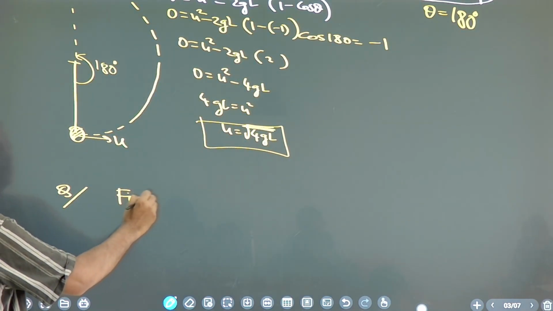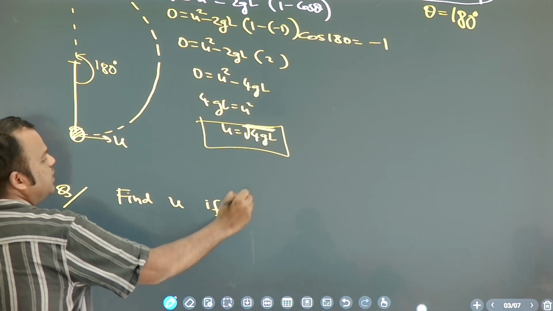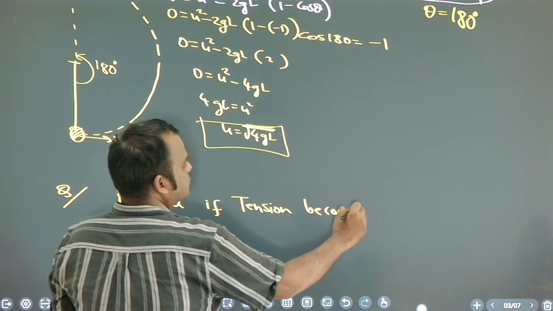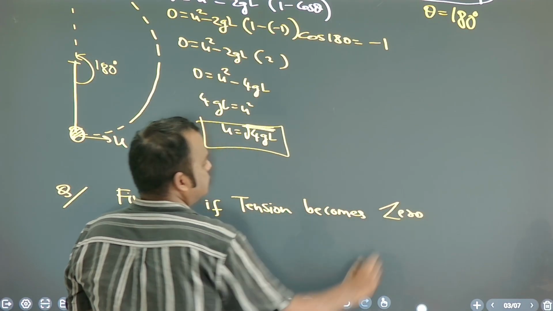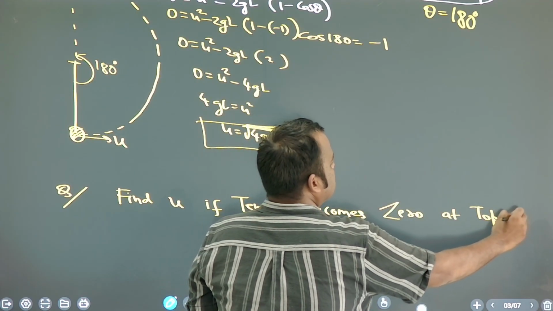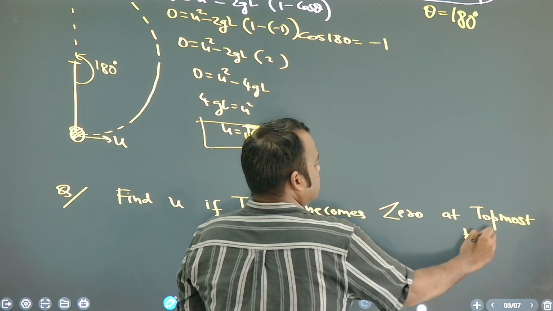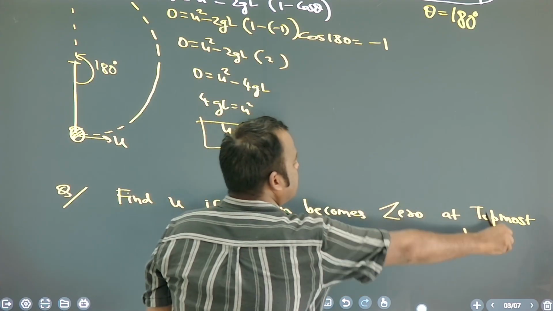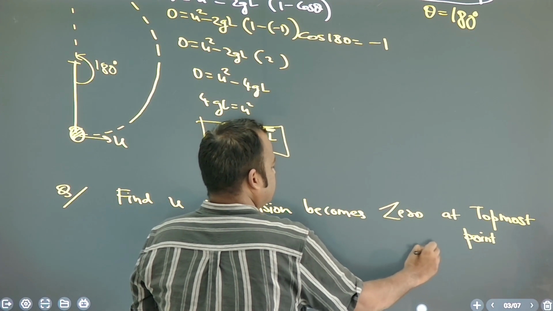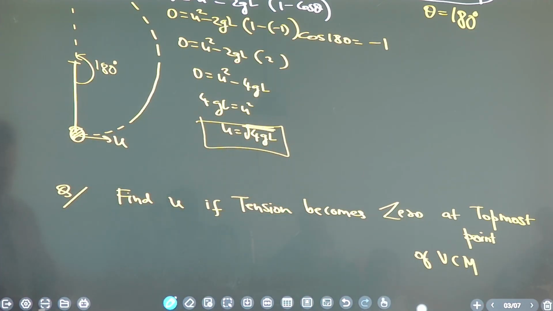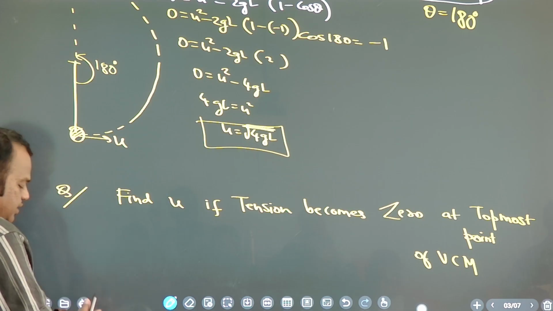Find U if tension becomes 0 at topmost point, highest point of vertical circular motion.